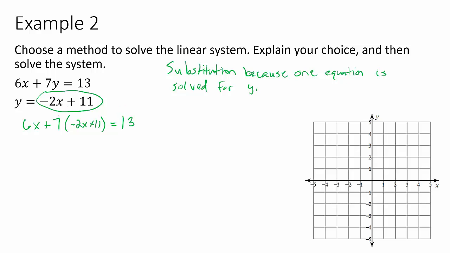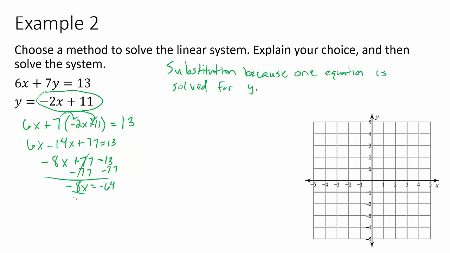So I'm going to distribute and get 6x minus 14x plus 77 equals 13. 6x minus 14x is -8x, and I'm going to subtract 77 and get negative 8x equals negative 64. So I divide by negative 8 on both sides.